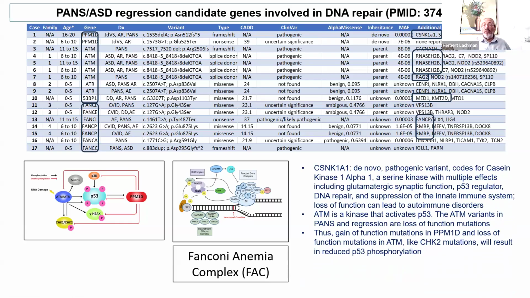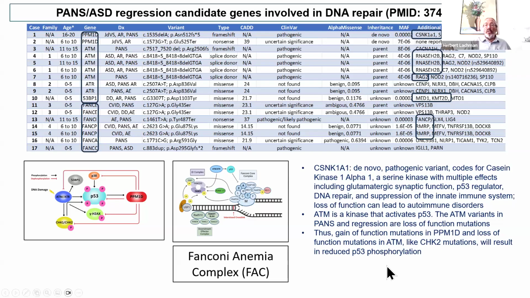So loss of function can lead to autoimmune problems. So the combination of that mutation plus the truncating mutation in PPM1D is what we believe sent him over the edge in terms of neuropsychiatric decompensation.